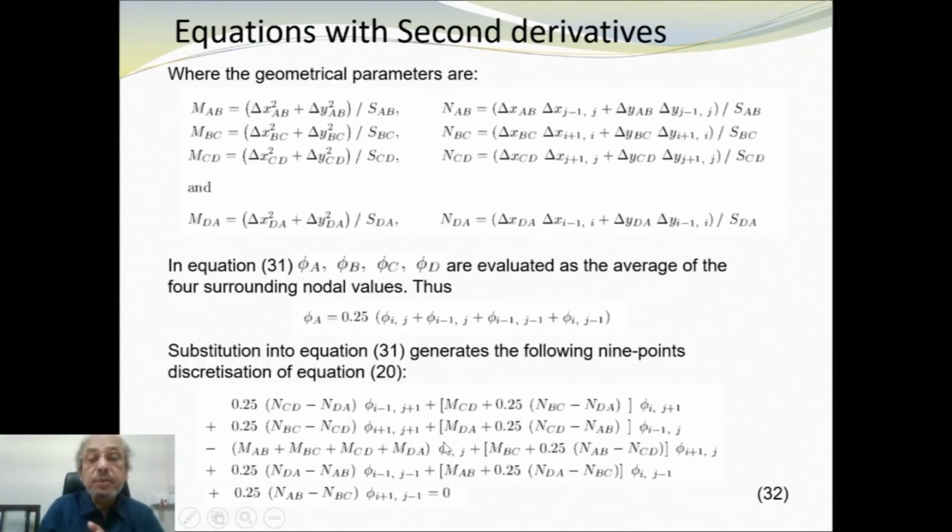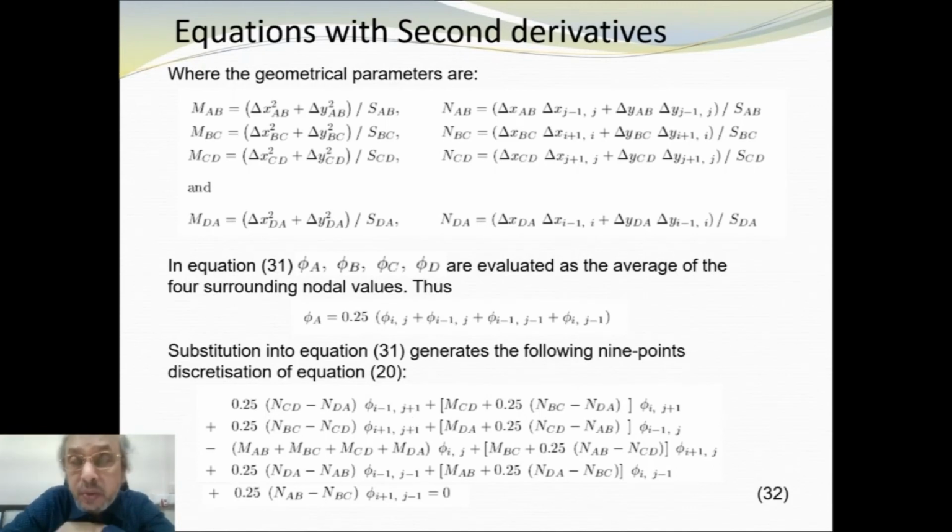So equation 32 is basically the evaluation of the line integral of del phi del x and del phi del y along ABCD, which is the control volume. And here we can see that it comprises multiplication of geometrical parameters and the phi value at different nodes.